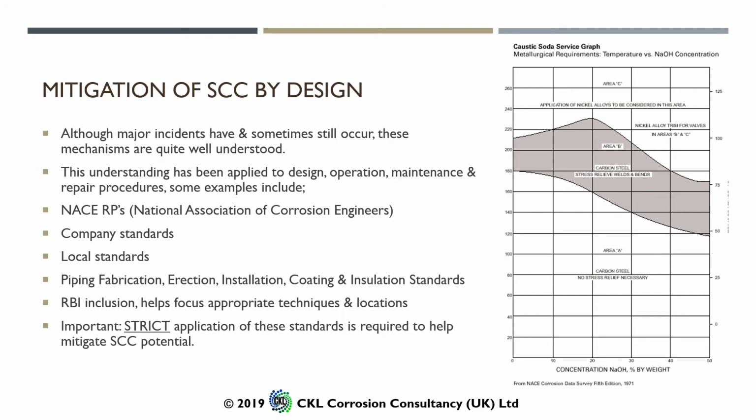We'll cover some of that in a bit of detail when we go through this. Then there's including these mechanisms appropriately within your risk-based inspection program. That helps to focus on identifying the appropriate techniques which are most likely to identify them, and the locations that you want to target within your inspection scope or your written scheme.